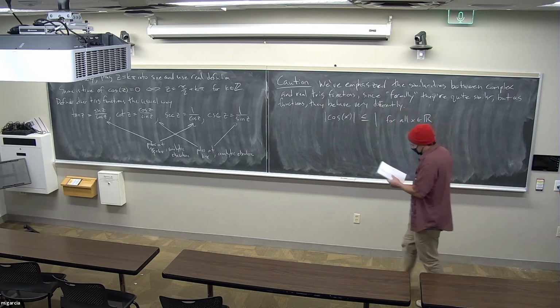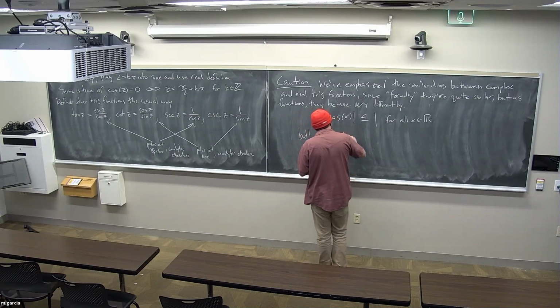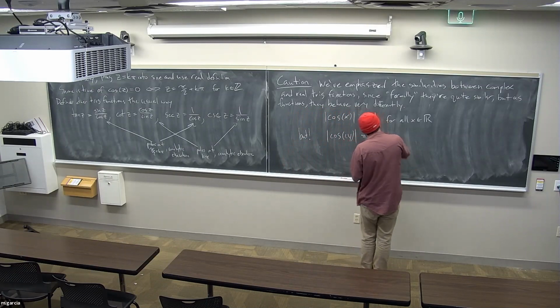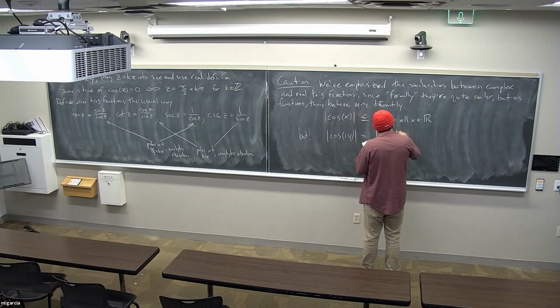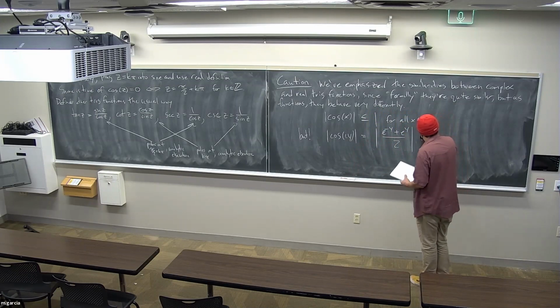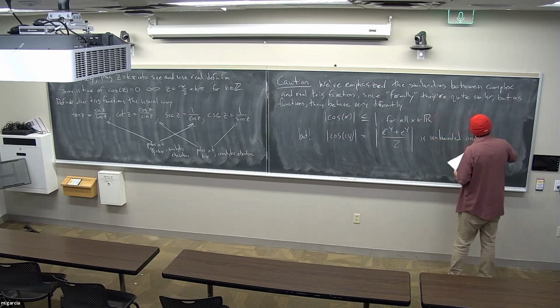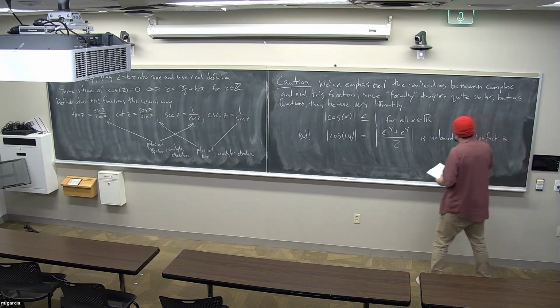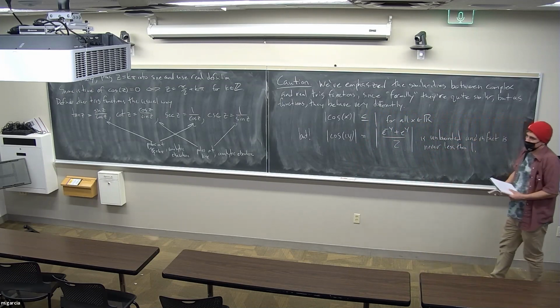However, if we take the modulus of cosine of a purely imaginary number, i y, then it is equal to the absolute value of e to the negative y plus e to the y, divided by 2, which is unbounded. And in fact, it is never less than 1.